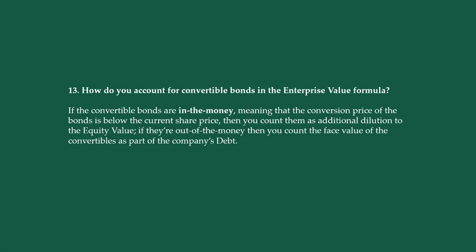So the key point is whether conversion is financially attractive to the bondholder. If it is, then in that case, in the money, the current stock price is greater than the conversion price, as we have previously discussed.